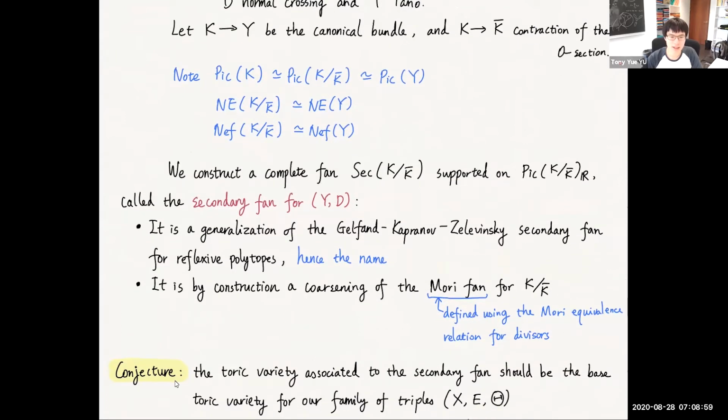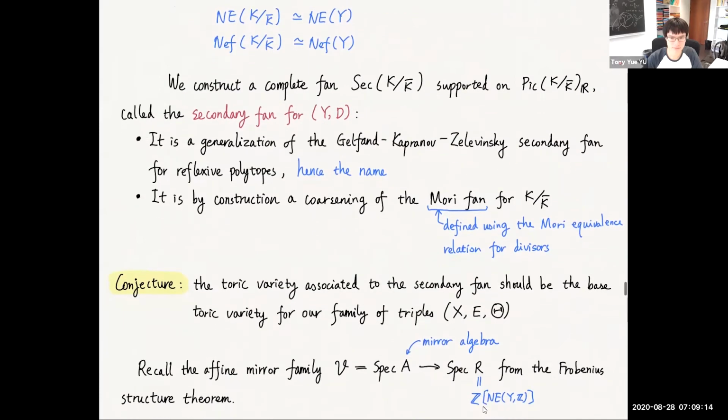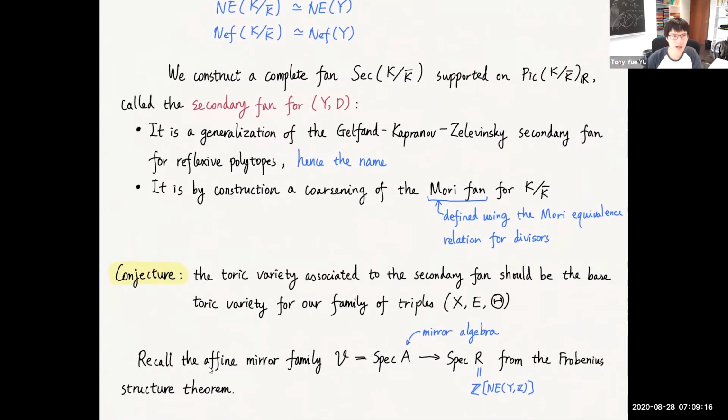And we conjecture that the toric variety associated to the secondary fan should be the base toric variety for the mirror family of triples (X, E, theta). Recall the affine mirror family Spec A to Spec R from the Frobenius structure theorem.